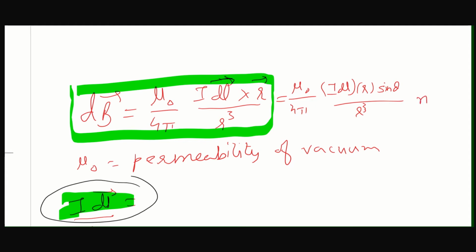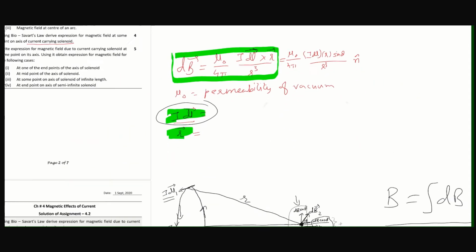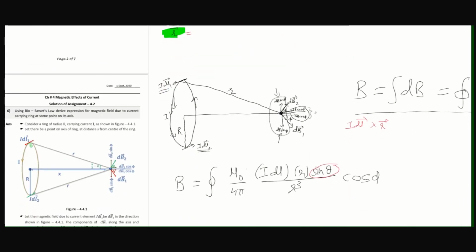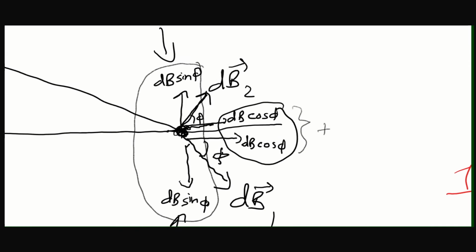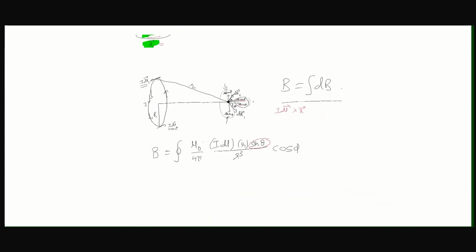And some vector you will have to mention if you want direction, but in our case we know that the direction of the magnetic field is along this axis, dB cos phi, and so I am not worried about the direction part.